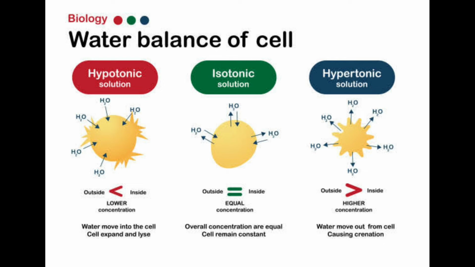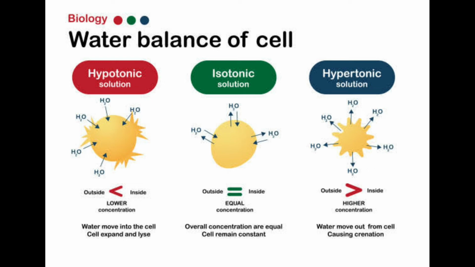Remember, if the external solution is equal to the concentration of cytoplasm of a cell, that liquid is called isotonic solution. If the external solution is more dilute than the cytoplasm of a cell, it is called hypotonic. And if the external solution is more concentrated, it is called a hypertonic solution.